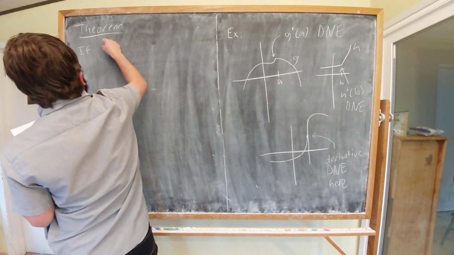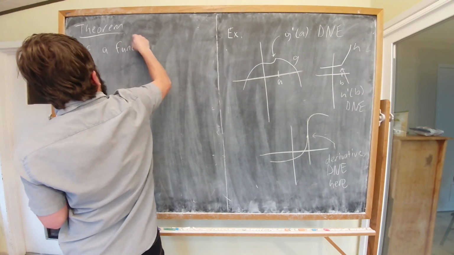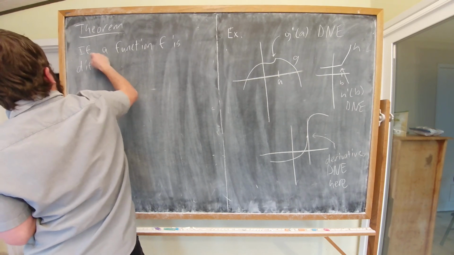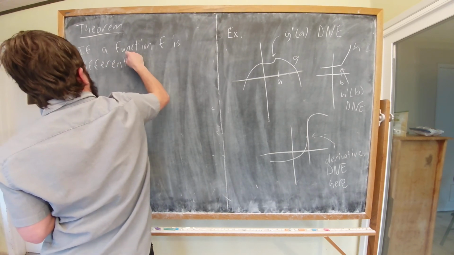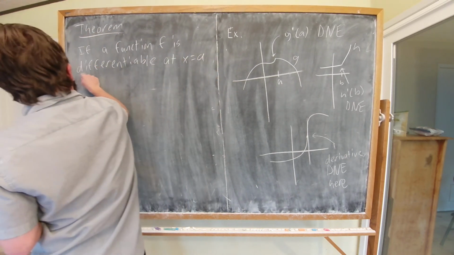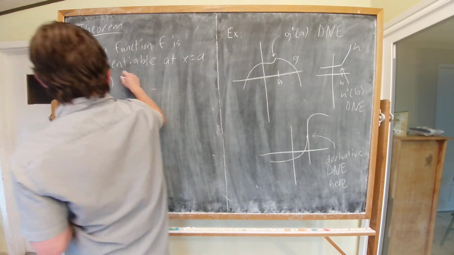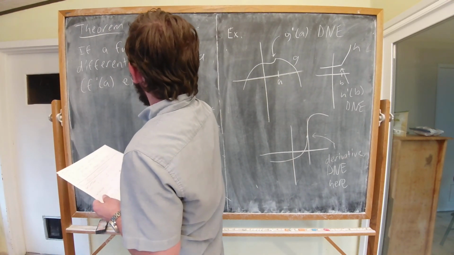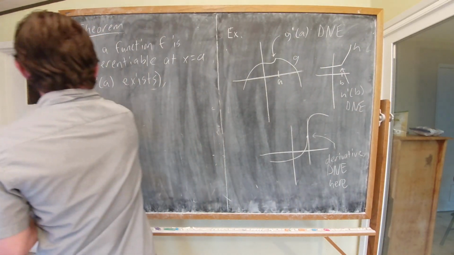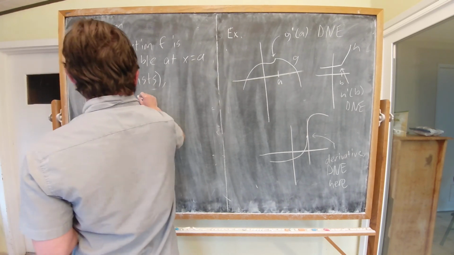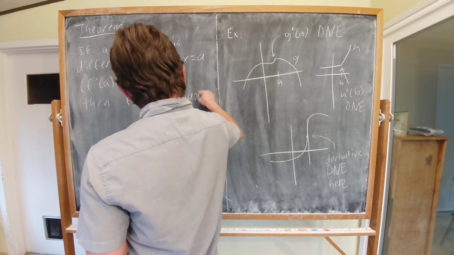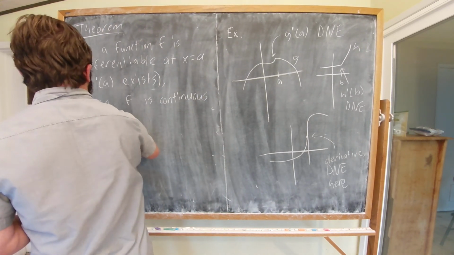Here, if a function f is differentiable at x equals a, that is, if f prime of a exists, doesn't matter what it's equal to, as long as it exists, then f is continuous at a.